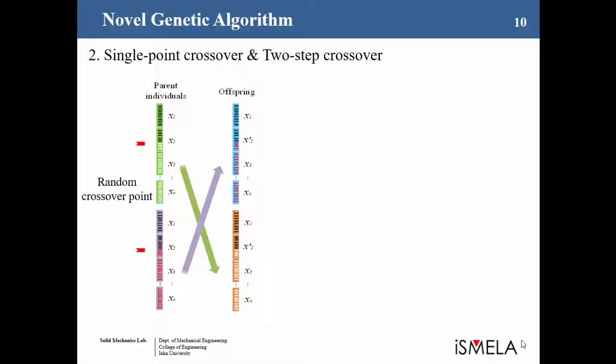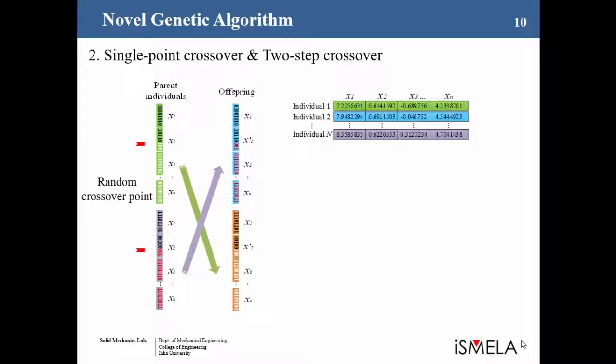From this figure, we can see that the substrings before the cut point are not exchanged. So, to some degree, the information exchange is not enough. To solve this problem, we propose a two-step crossover.